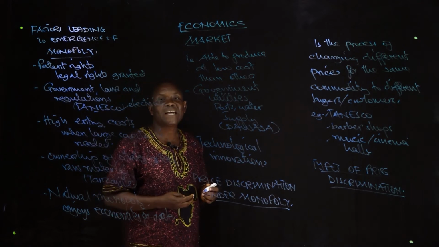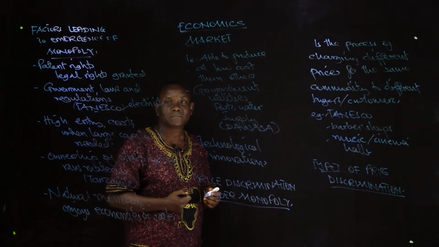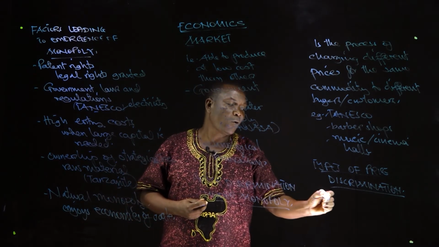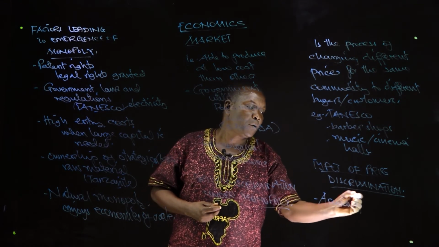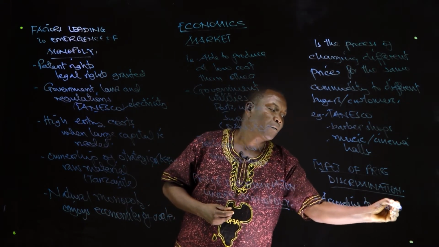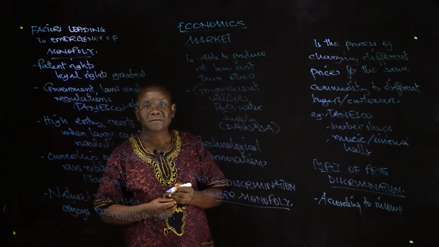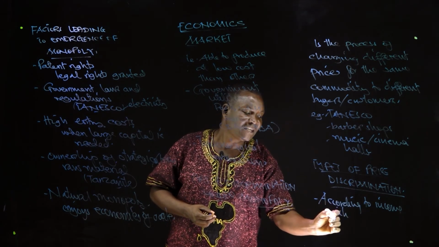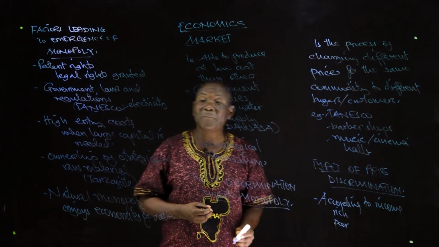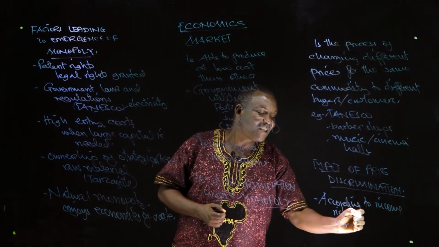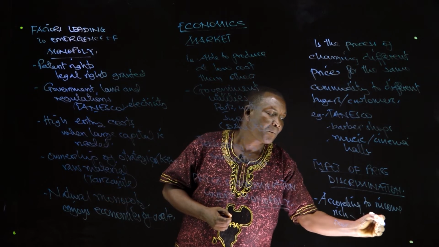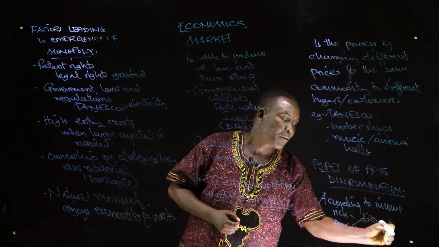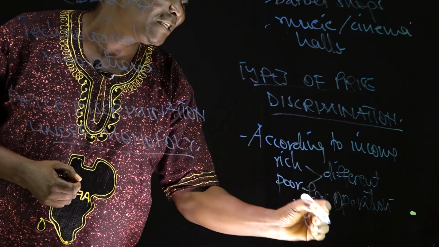There are several kinds of price discrimination. You can have price discrimination according to income. For instance, you have the rich, you have the poor, but these are charged differently for operation by doctors.